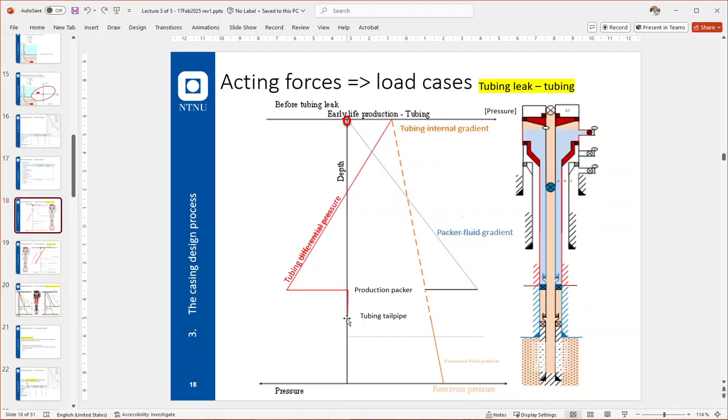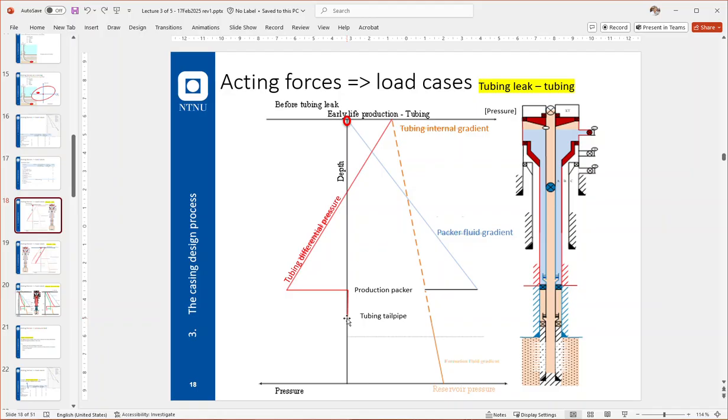It will in most cases be a 13% chrome material, whereas the casing will be a lean low carbon steel type casing. And still there will be formation fluids in the pocket that we're talking about between the production casing and the tailpipe of the tubing.